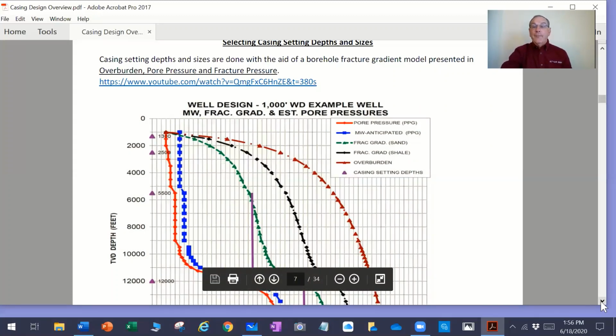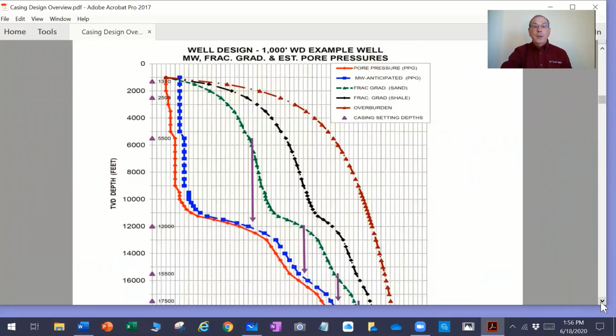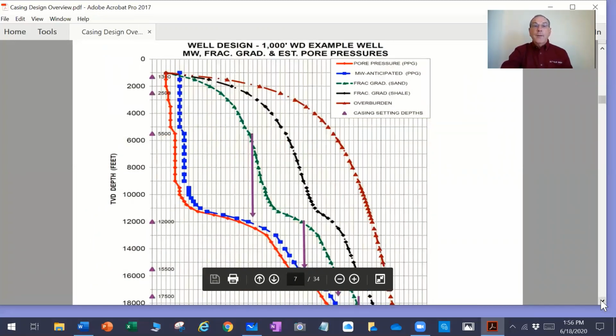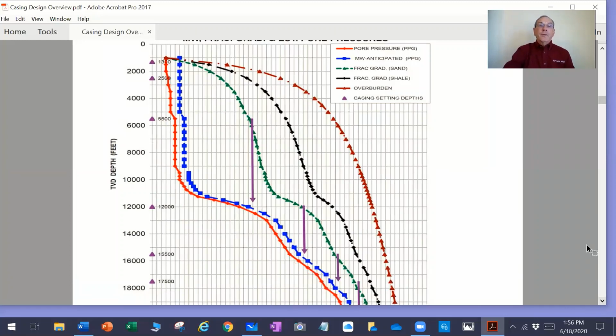There's the link to that video again on here for you. But when you think about how we do that, we're going to need to have a model. In this example, we're going to set a string of casing somewhere in the well, just based on experience.